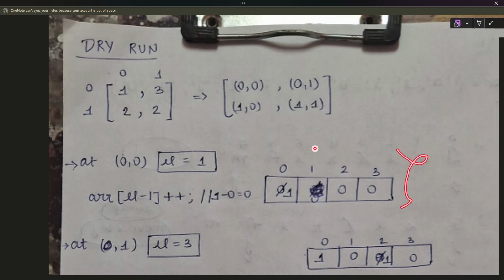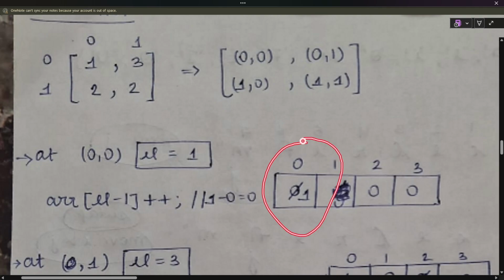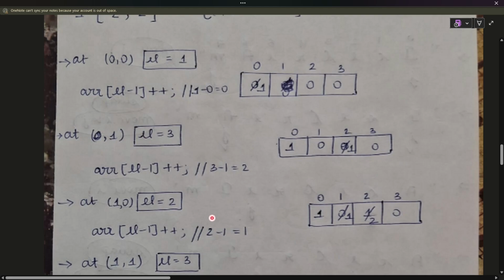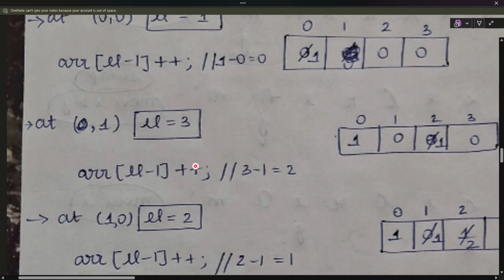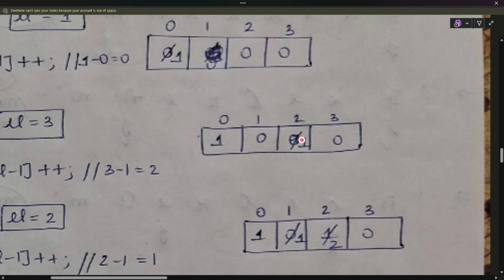If we had taken size n times n plus 1, we could have directly written it, but we can just subtract one from it, and it will be at index 0. Suppose we have the element 3: we do arr[element minus 1] plus plus. Initially the value was 0, so with plus plus, the value will increase.